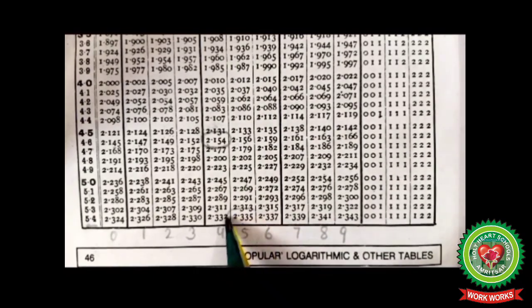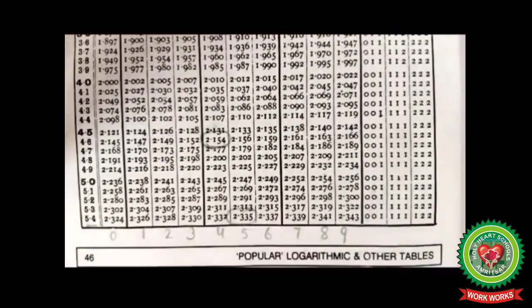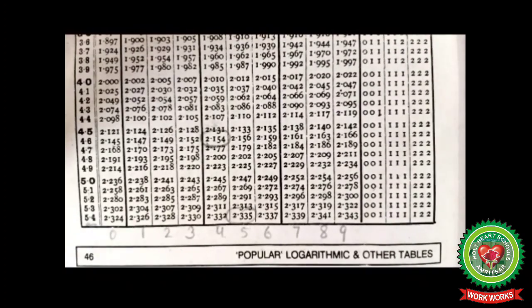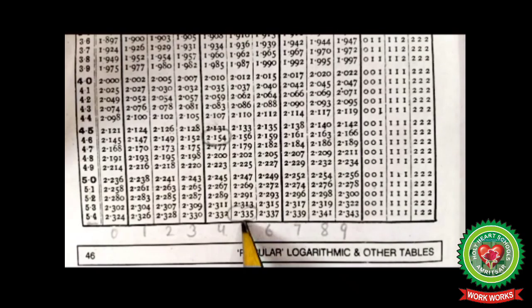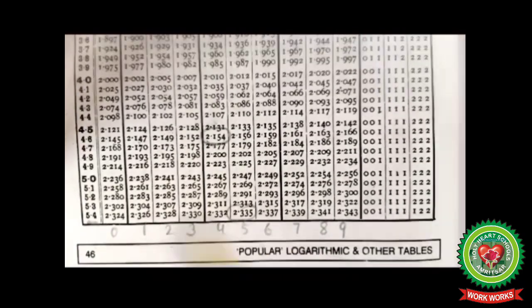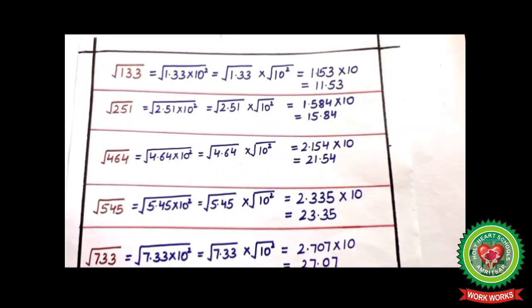So our answer is 2.335. Therefore, square root of 5.45 is 2.335. Now multiply with 10.